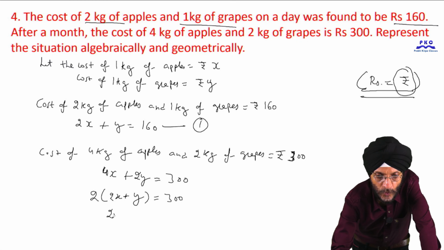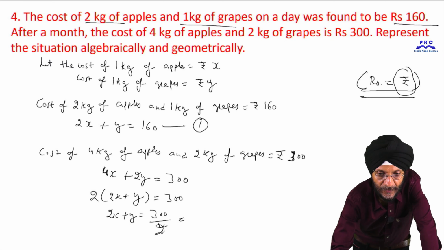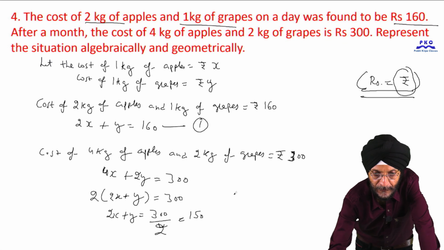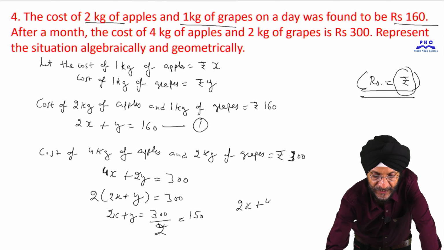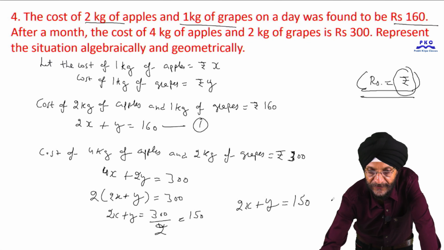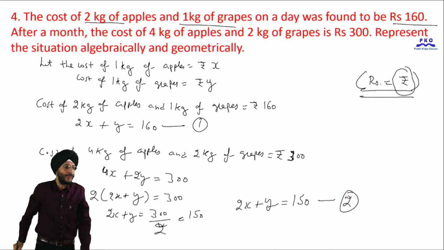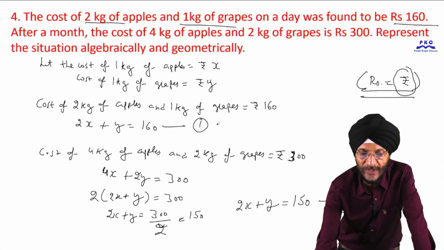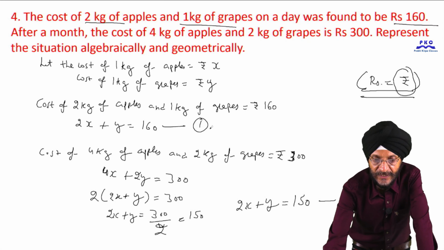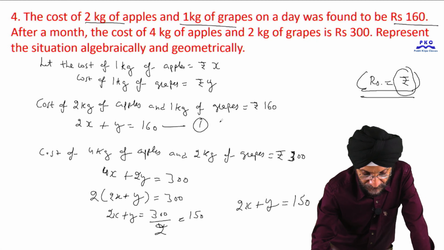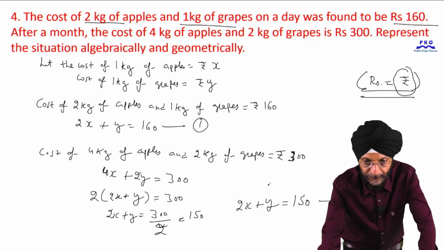We can also write it as 2x plus y is equal to 300 over 2, because 2 from here will go to the other side, and 2x plus y is equal to 150. This is the second scenario, or linear equation in two variables in the second scenario. So these are the two equations we have arrived at: 2x plus y is equal to 160 and 2x plus y is equal to 150.